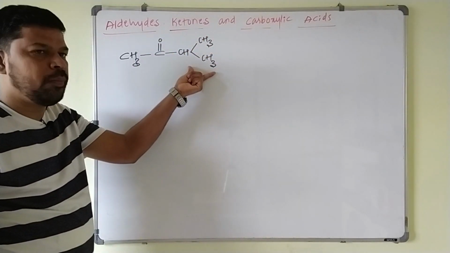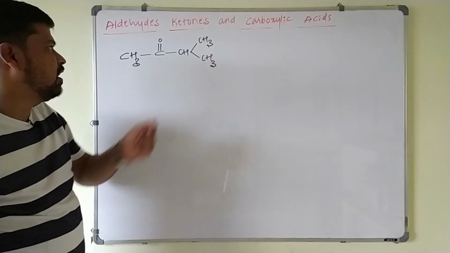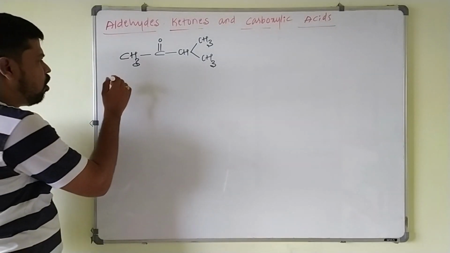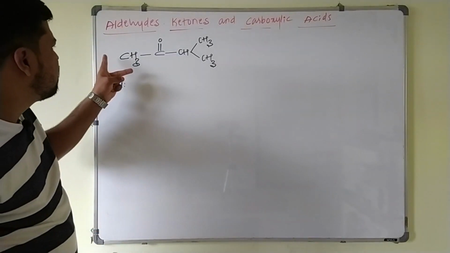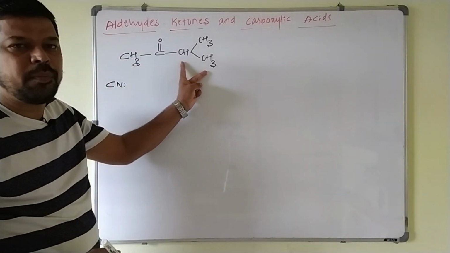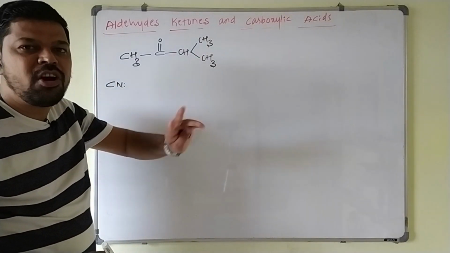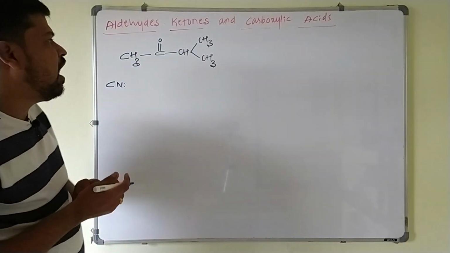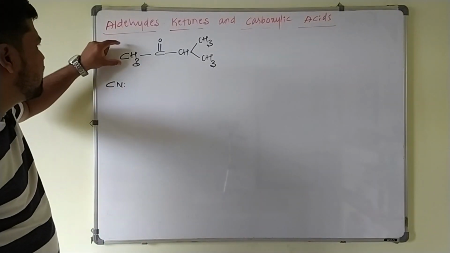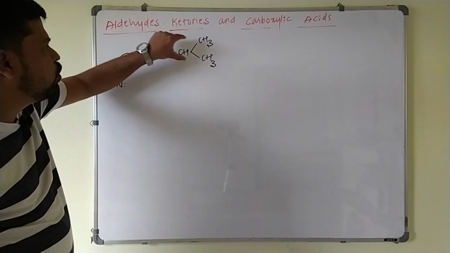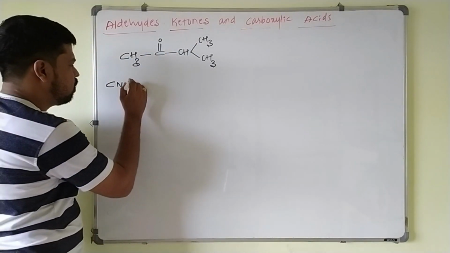This is an isopropyl group and this is a methyl group. So it is a mixed ketone. The common name is methyl isopropyl. Iso is not included in the alphabetical order; only you have to take the propyl group. That's why it is named methyl isopropyl ketone.